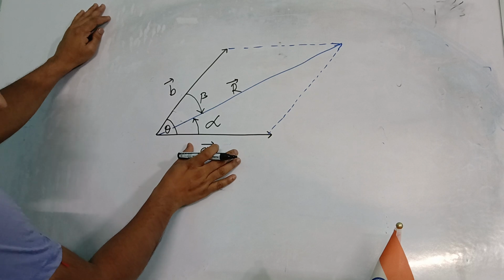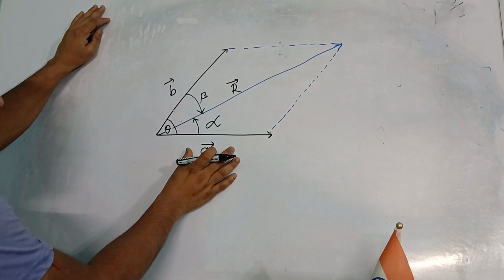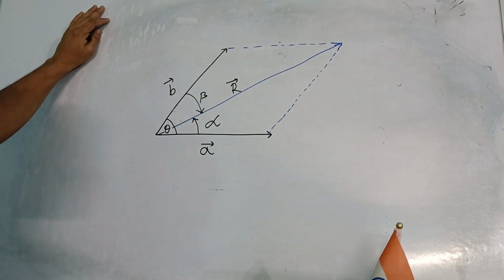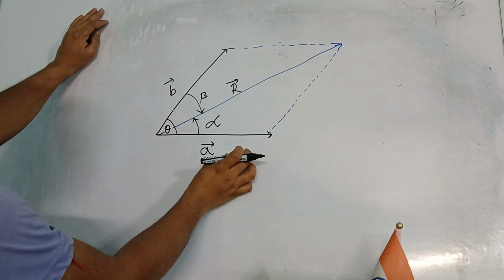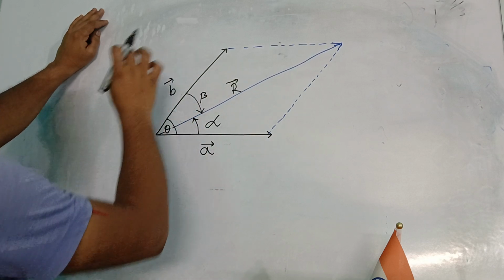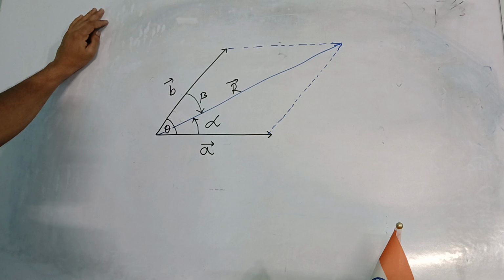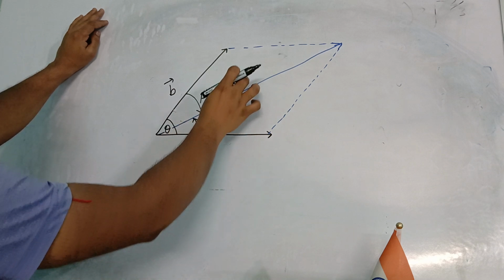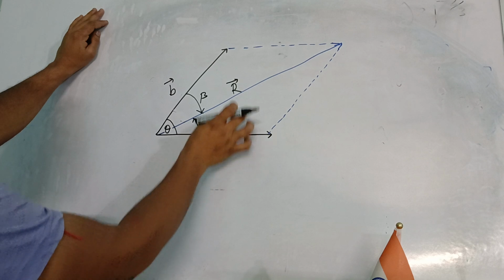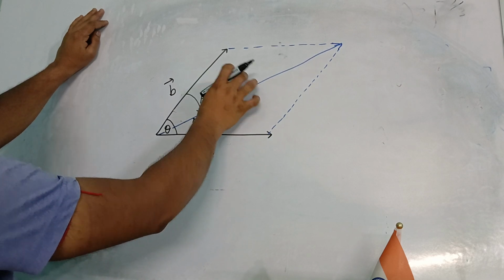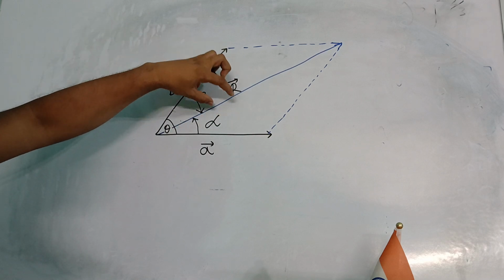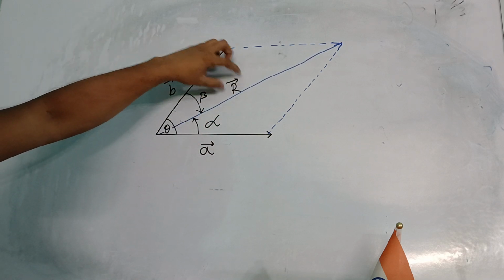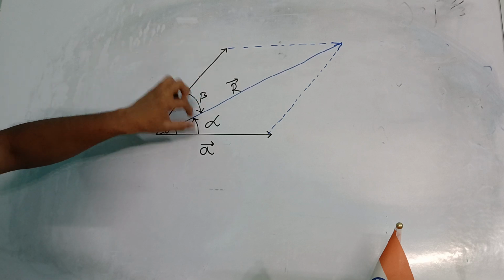Vector A is given, we know vector A, vector B is given, we know vector B. The question is to find the angle between the resultant vector and vector A, and between the resultant vector and vector B. So actually it is the angular displacement of the resultant from A and from B.